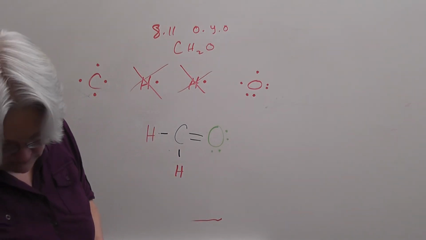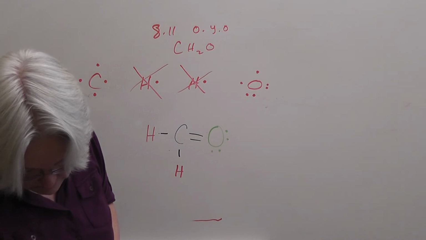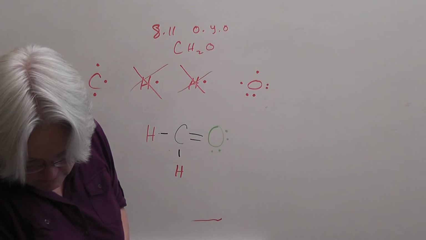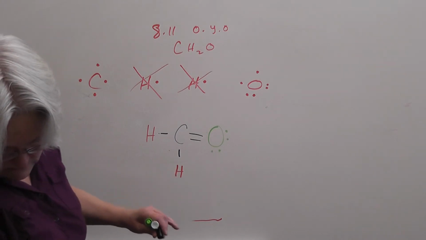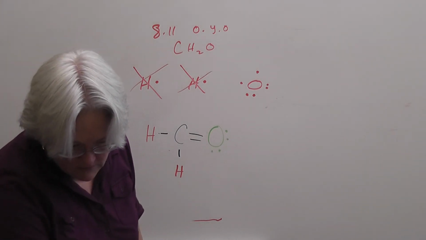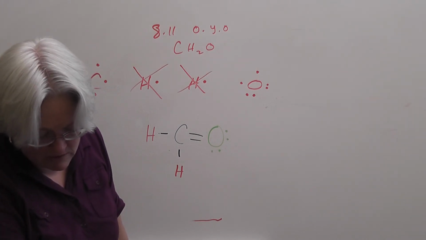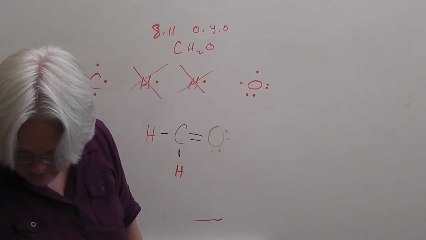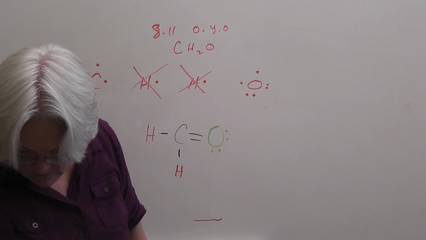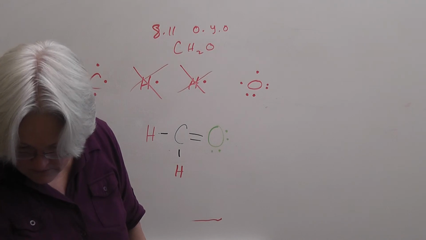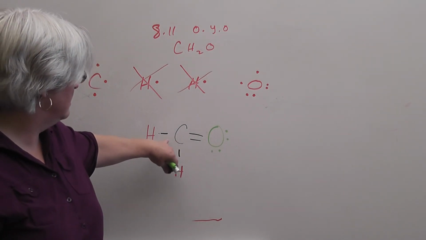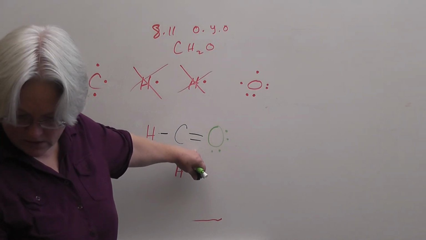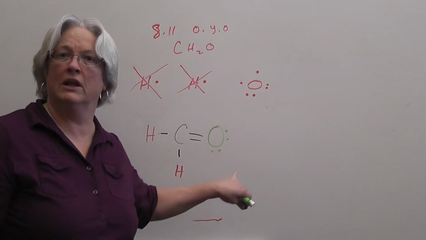Let me look and see what they say. I'm thinking that I just skipped a line in my solutions. C, single bond, double bond, 2 pairs of electrons.